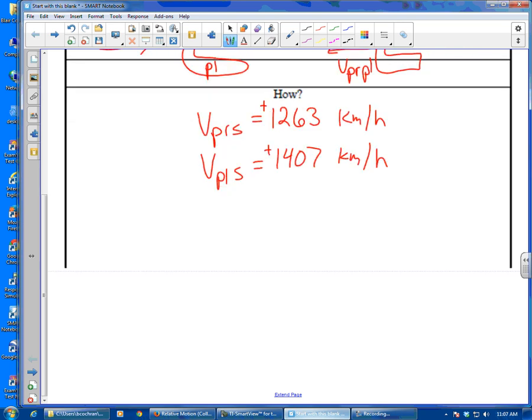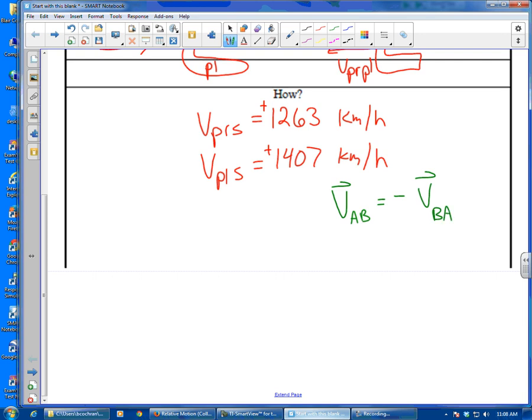So, now's the time to pull out my equations from my equation sheet. From my equation sheet, I have that the velocity of AB equals the opposite of the velocity of BA.